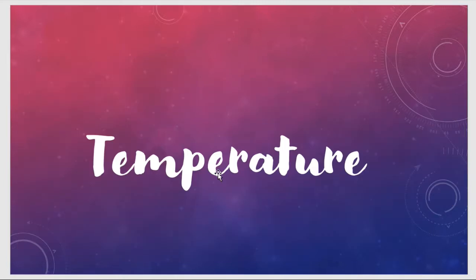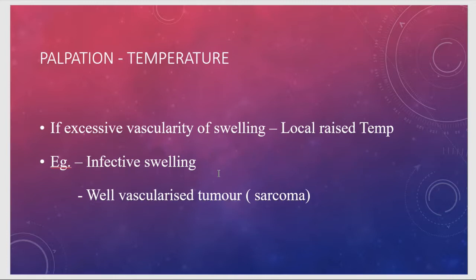The first one is temperature. Why the first one is temperature? It should always be the first thing to look for during palpation. If there is excessive vascularity of the swelling and the local temperature is raised, it is usually suggestive of two things.